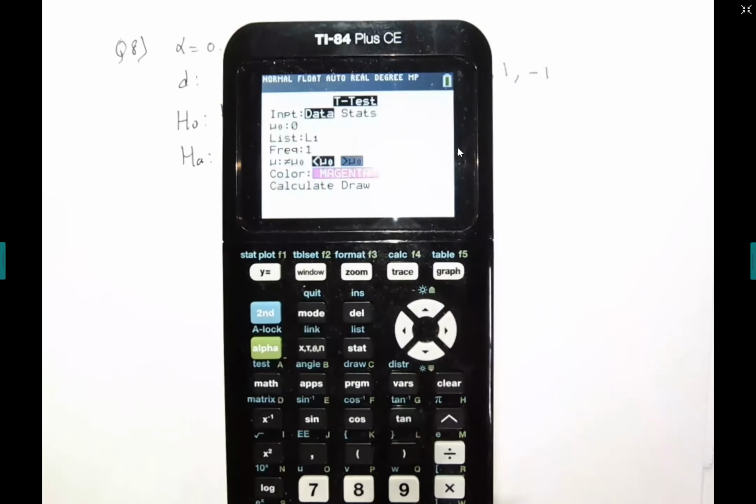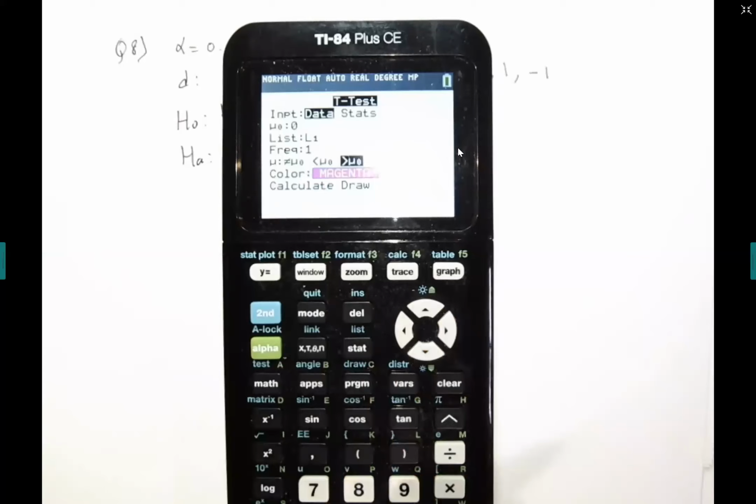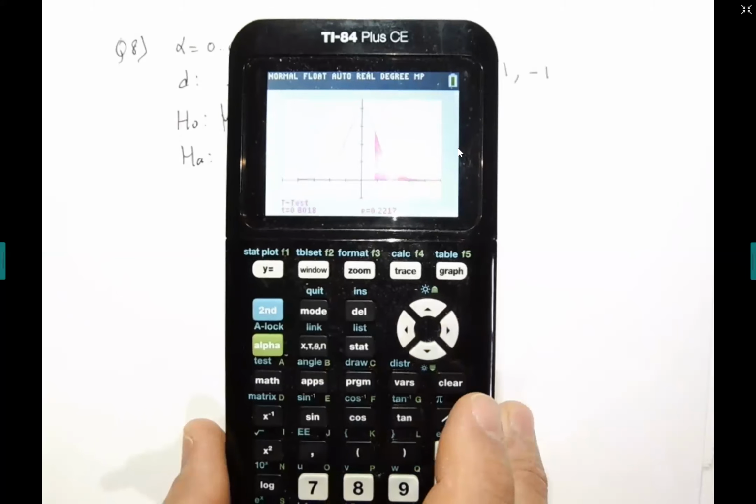Enter, make sure to select enter, and then let me hit draw this time. Oh, big p-value. We haven't rejected H0 today. I get T to be 0.802, and the p-value, as you can see, is 0.2217.